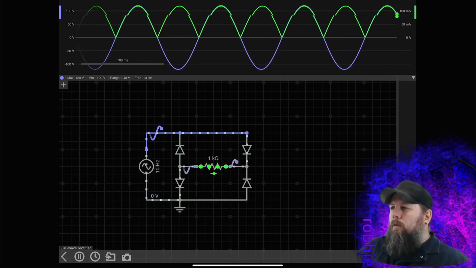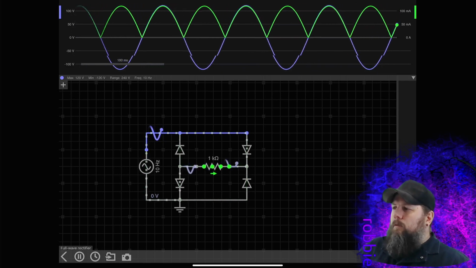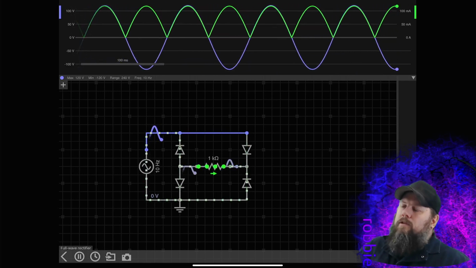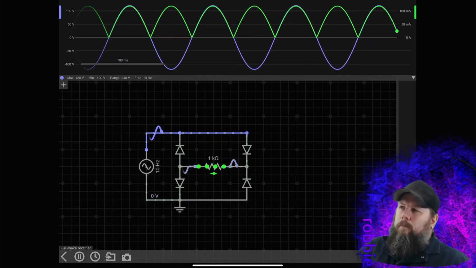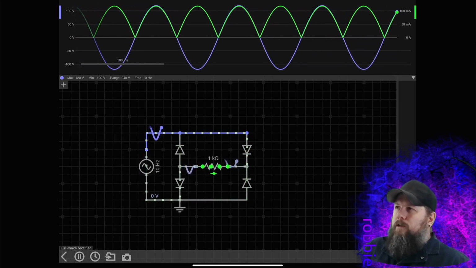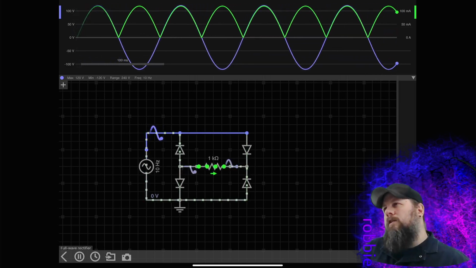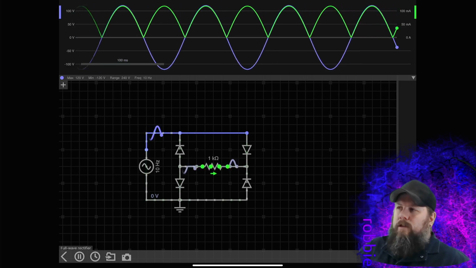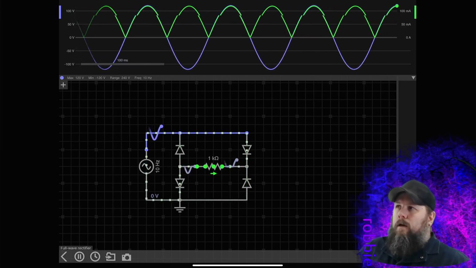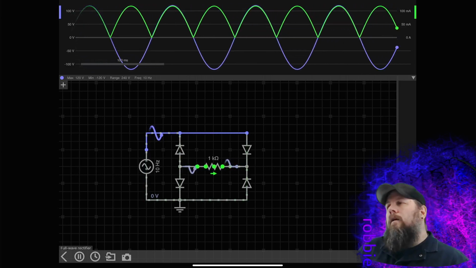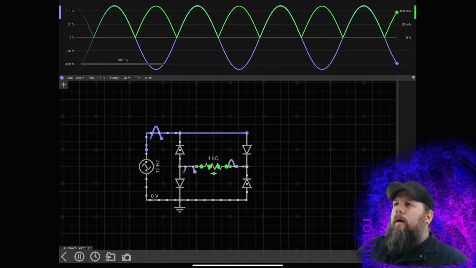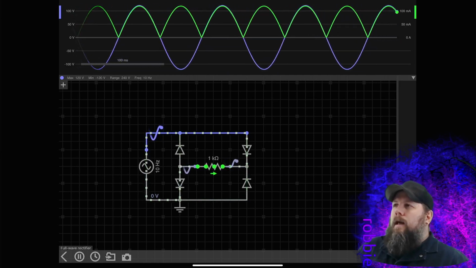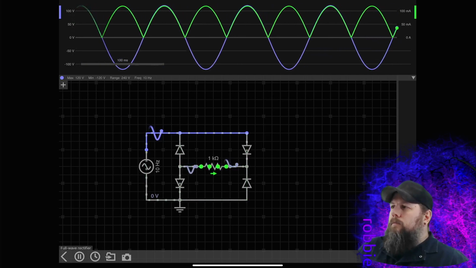And later on what we can do is we can beef this up a little bit by putting some capacitors so that once it gets over a certain point, it'll start charging that capacitor. And then once it starts getting below a certain point, that capacitor will discharge and start smoothing out that green line, so we don't have that big old V there.